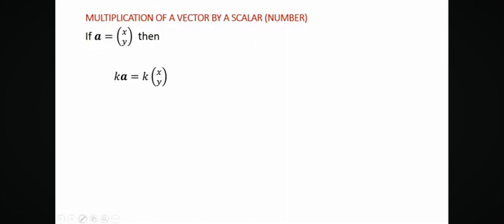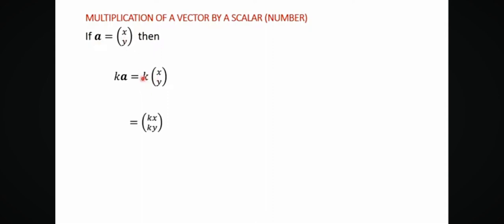So let's say that we have this vector here, vector a, and it's giving us x, y. Then ka, that is k times a, where k can be any number. That means k is multiplying the vector a, is giving us k times x, y. Remember that x, y are the components of vector a. So how do we do this?